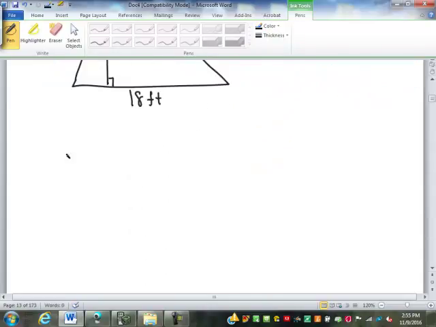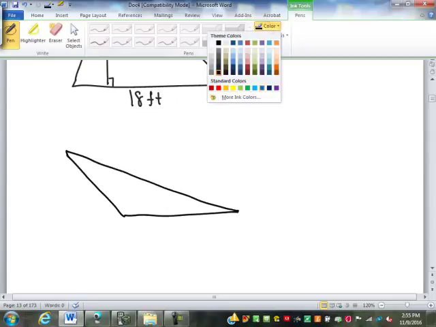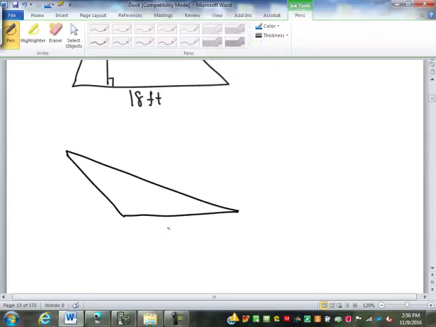A little bit more confusing is a triangle that looks like this. Let's say that this here is 12 feet across the bottom. The height of this, or the altitude, is found by doing this. That's a right angle.